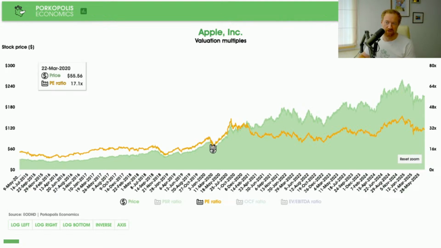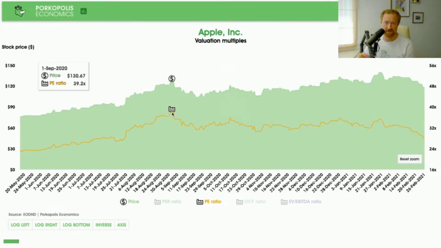But then maybe you bought here, March 2020, and then sold again when it got to the prior top. That would obviously have been a mistake, because the PE went from 24 all the way to, did it hit 40? 39.